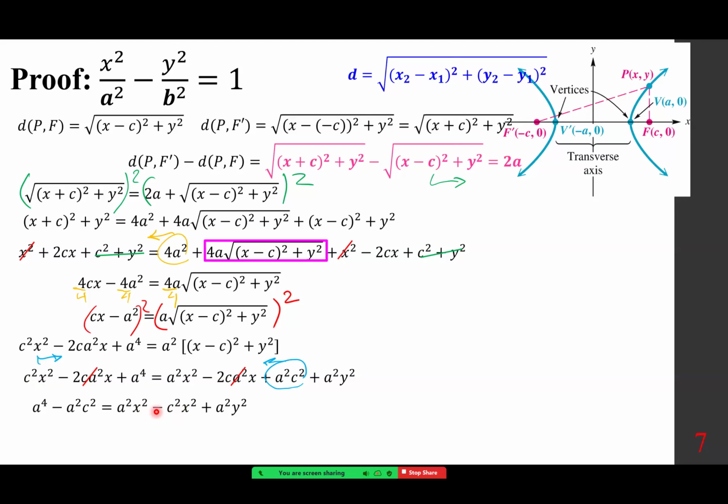On the right side, for these two, we can factor out the x squared. And now we're going to make this into 1. Remember, a and b and c are constants, so we're going to divide both sides by this.